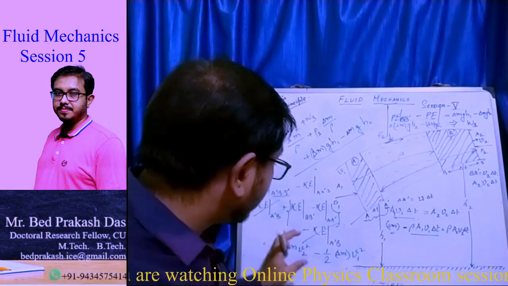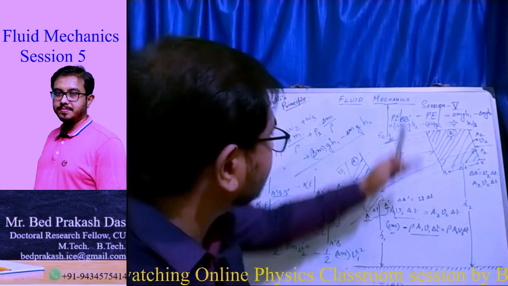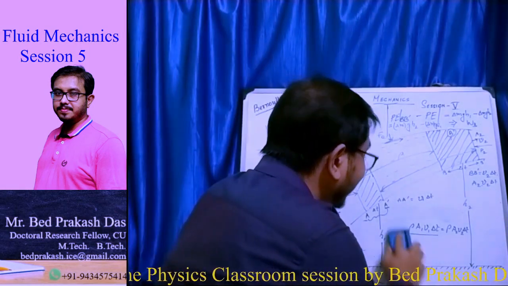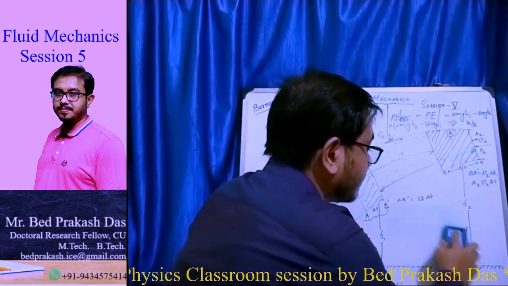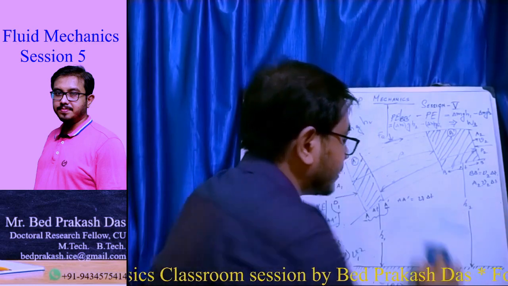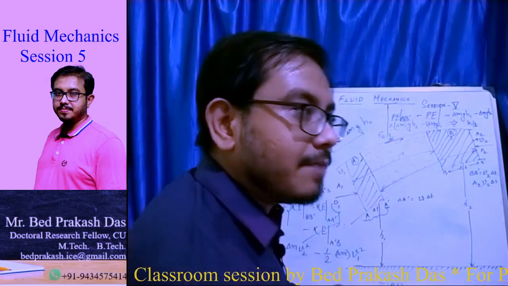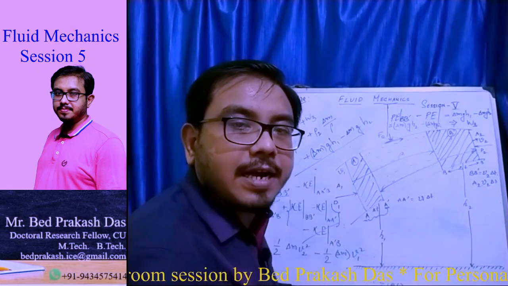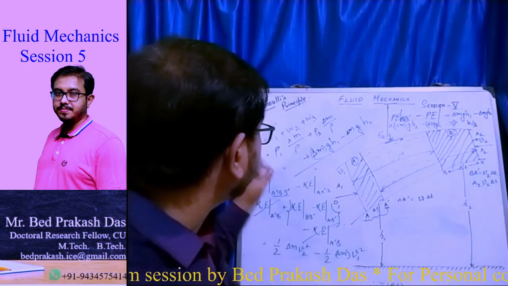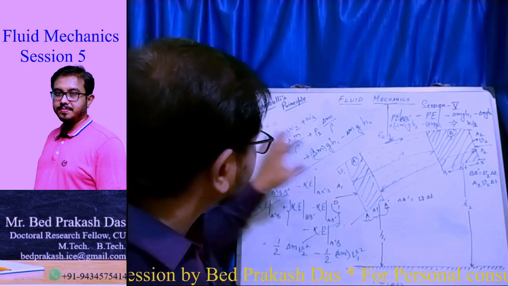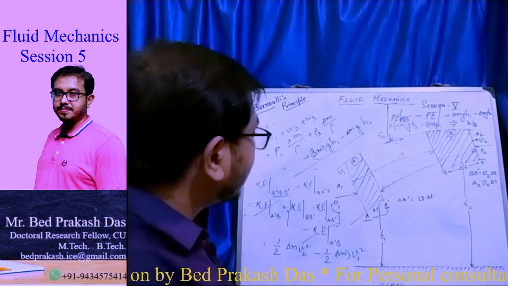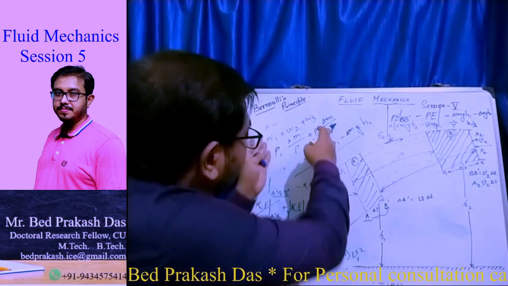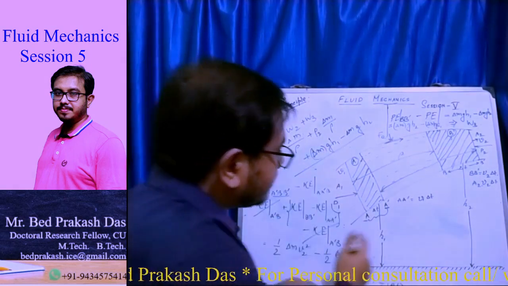Now from this particular section we can conclude the work energy theorem, which is basically that the work done by a force is equal to the change in kinetic energy of that particular system. How can it be done? The total work done is this amount, and the kinetic energy acting on the system is this. So we are just equating these.